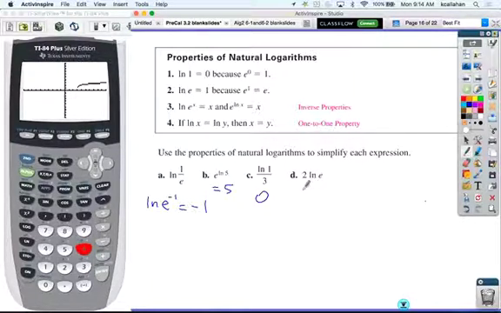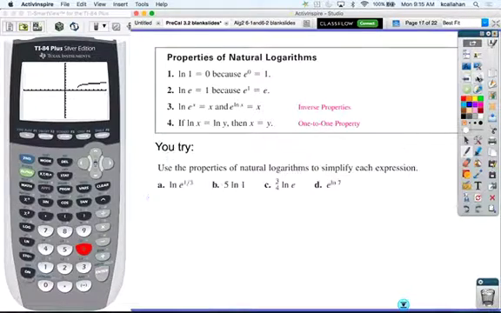So this is 2 times 1, which is 2. Or what you could do is, well, I guess I can't do that yet. So it's 2. Later on, we'll get more properties of logarithms that we could have used. So try this one. This is your you try. Try to do those 4.